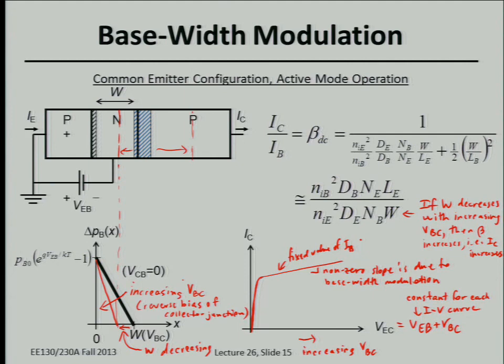If you look at the equation, there's a W on the bottom. But qualitatively, you should be able to explain that the excess minority carrier profile gets steeper. Any questions qualitatively about the base width modulation effect?